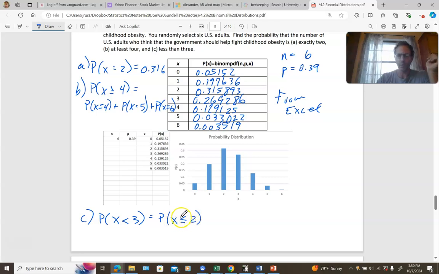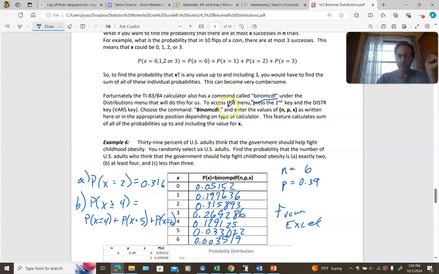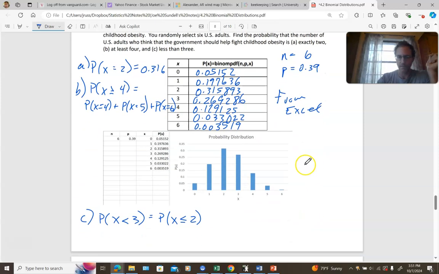And you may be wondering, why would I express it this way? Well, because if we're going to use this binomial cumulative density function, it calculates the sum of all the probabilities up to and including that value for x.